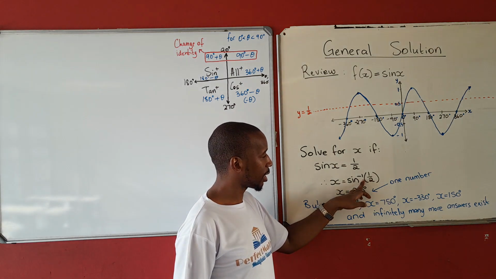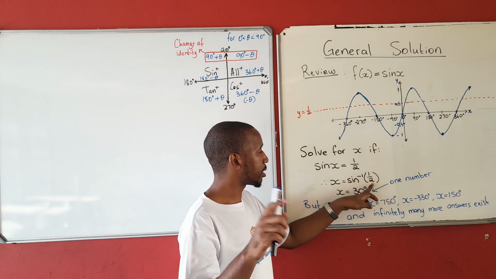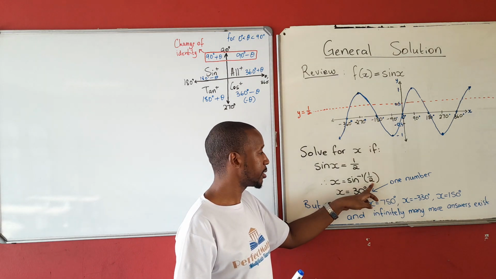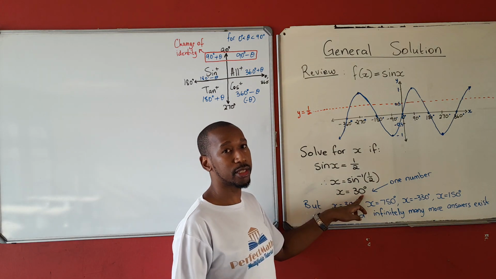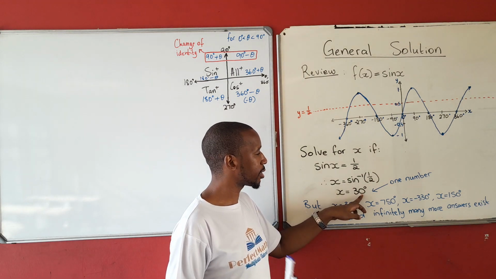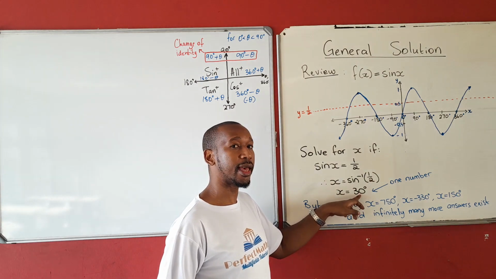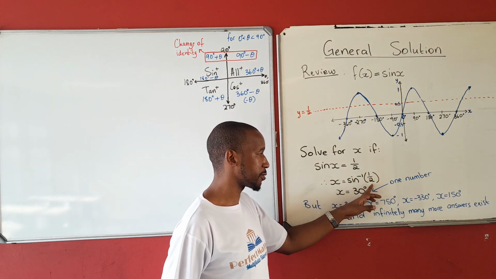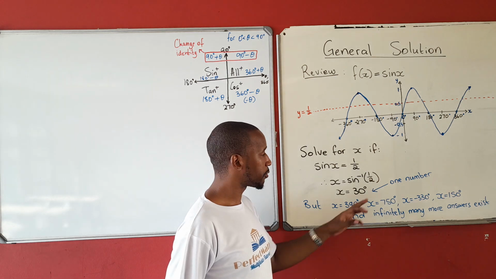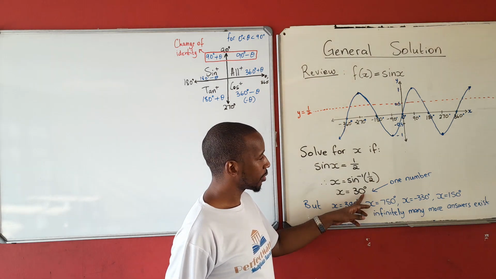So this inverse sine of a half, when you punch it in your calculator using shift and then the sine button, gives you 30 degrees. This will always happen on your calculator. It will always give you 30 degrees because the calculator always gives us the acute angle for these positive numbers.